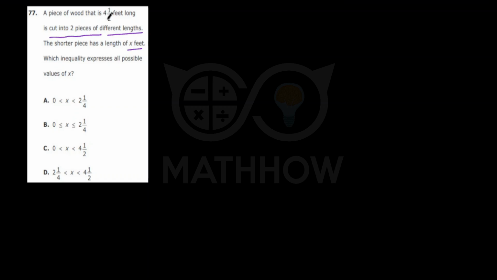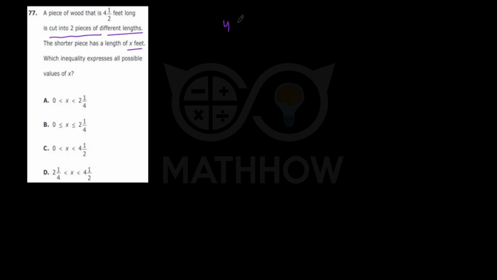Since this is the total length and it is cut into two pieces, that means any length that is less than half of this total length lies in the category of shorter pieces.